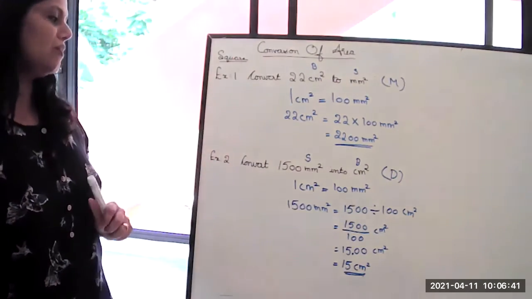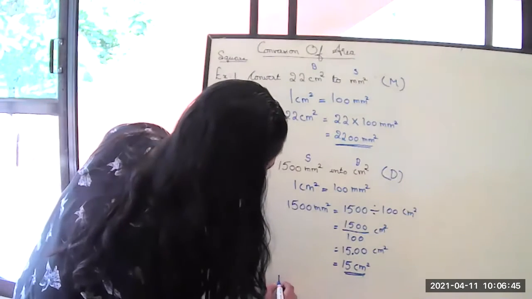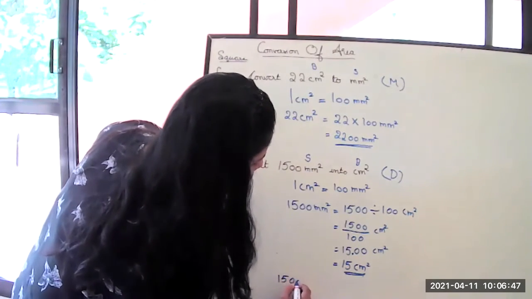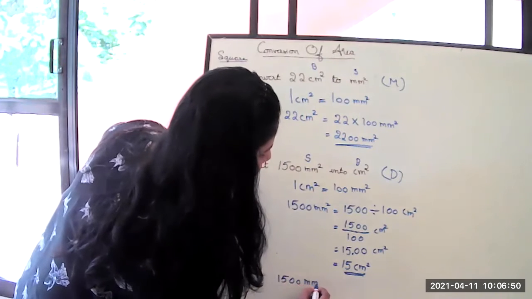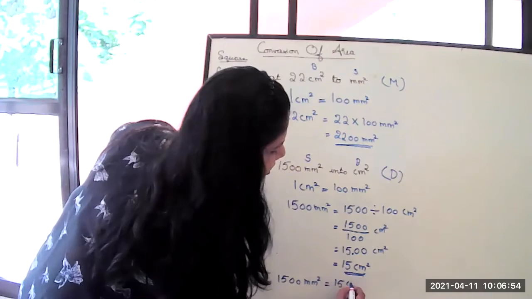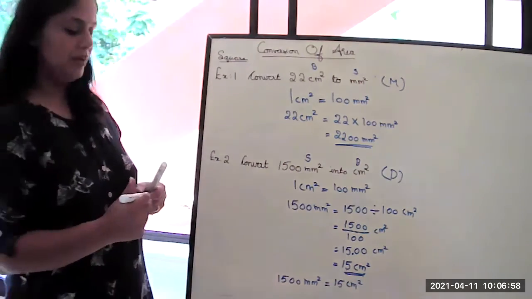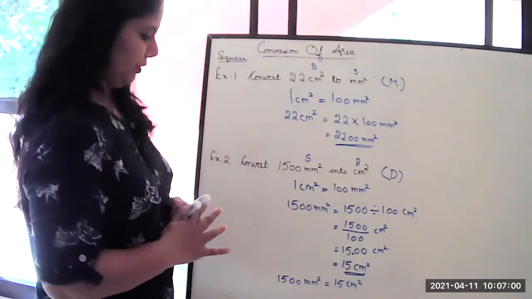So 1500 millimeter square is equal to 15 centimeter square. Okay. Let's see another one.